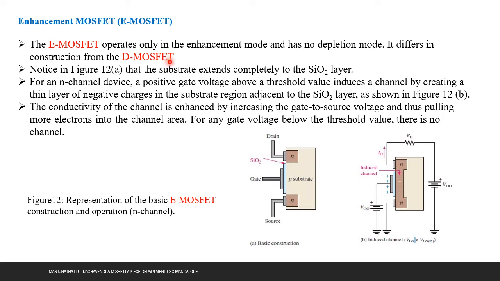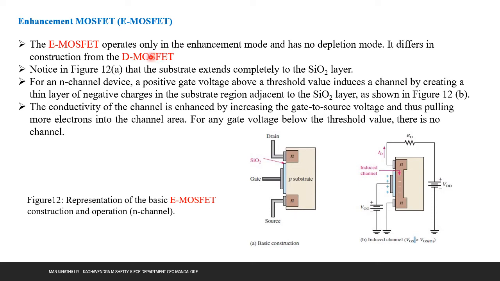Now we are going to discuss the difference between the types of MOSFET. Again, two different types, E-MOSFET and D-MOSFET. What is the difference between the E-MOSFET and D-MOSFET? That we are going to discuss in this particular point.